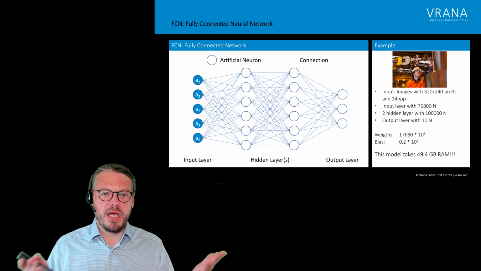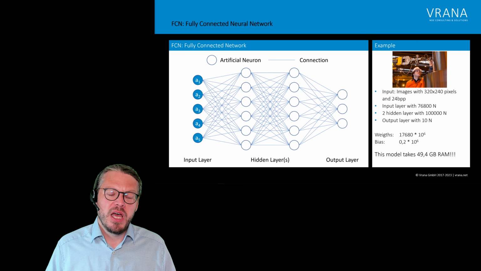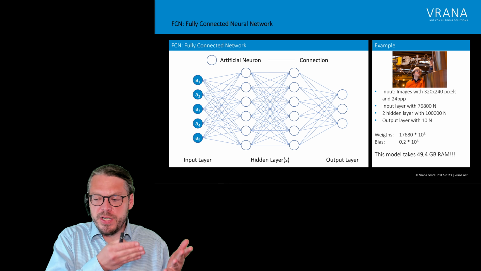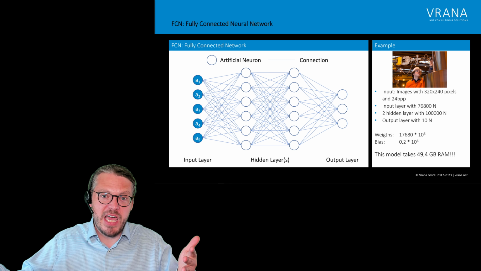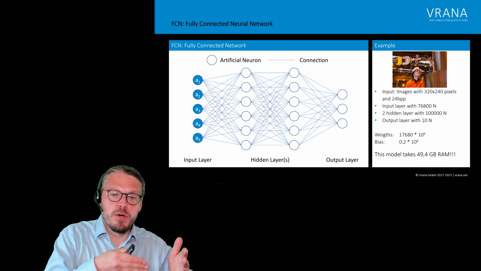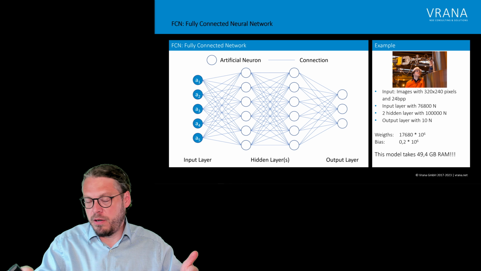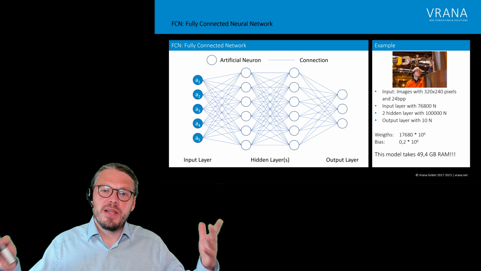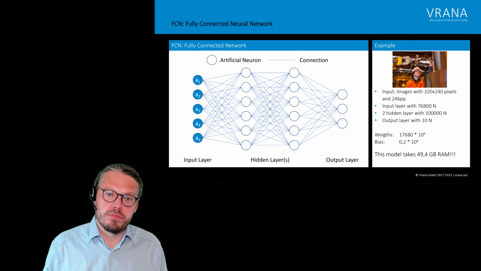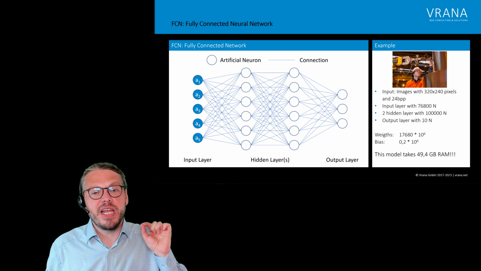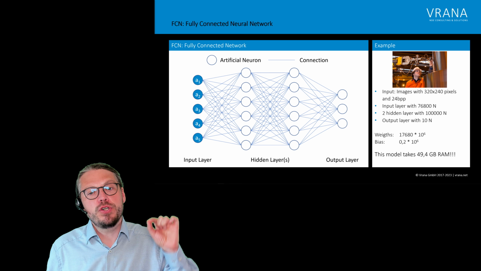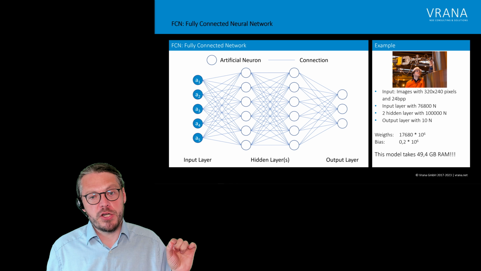So let's say we need hidden layers with around 100,000, and let's say we want to distinguish between 10 different things, between perhaps 10 different classes of indications, or whether it's a human, a parrot, whatever, then we need 10 output neurons. So in that case, we have 17,618 times 10 to the power of 6 connections.